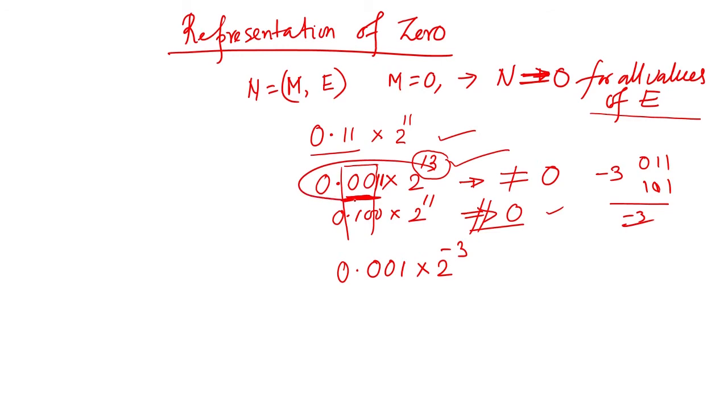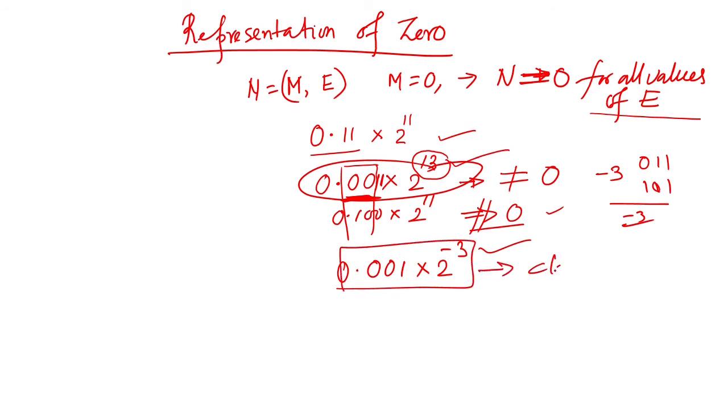So this number is actually not 0, but it appears to be 0, and when we adjust the exponent we find that it is not 0, but here we cannot do anything. We cannot normalize it, because otherwise the exponent will go out of range. So this number is very close to 0.